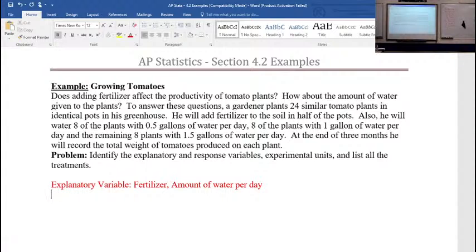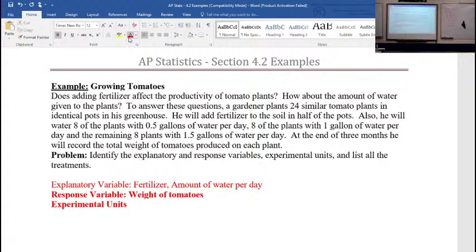Response variable. Weight of the tomatoes. Experimental units.